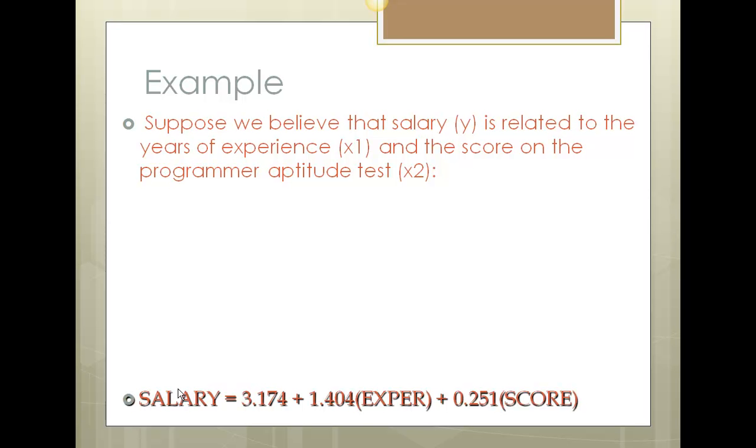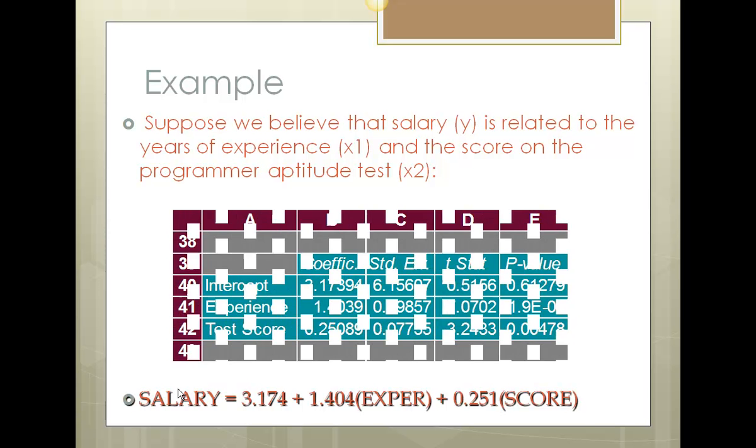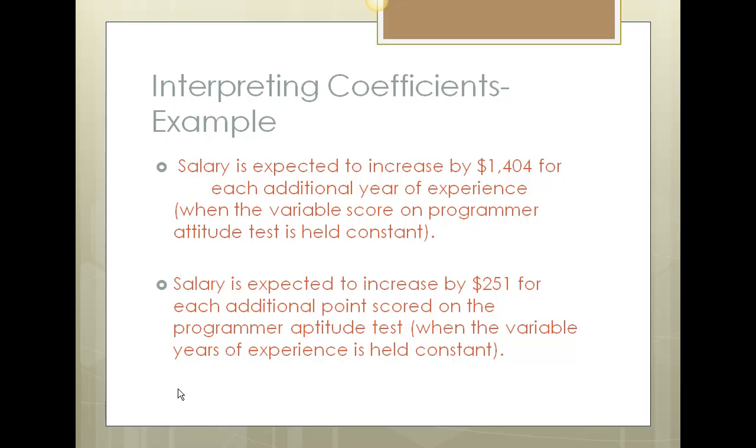So each 1 unit increase in experience will increase salary by 1.4, but that's in thousands. So when I do that interpretation here, I can see that salary is expected to increase by $1,404 for each additional year of experience, holding all other variables constant.